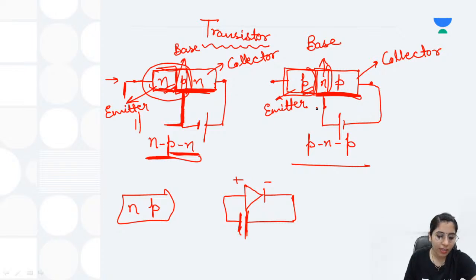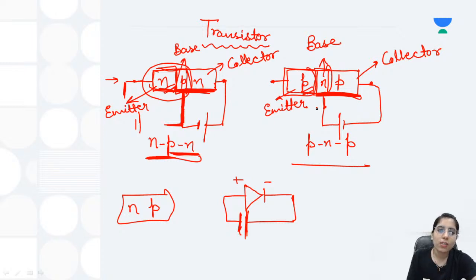Very good Shubhankar, that's great. The collector is wider than the other two. The collector is the widest one, wider than the emitter and base. While the emitter will have the area in between the base and the collector.